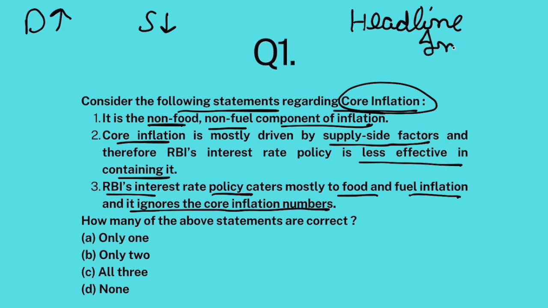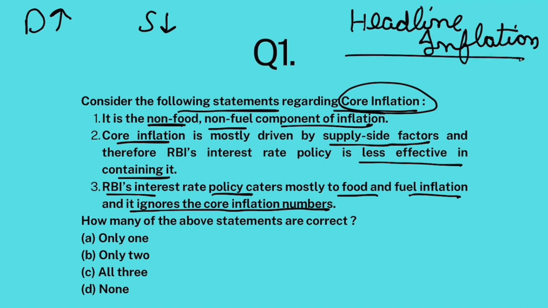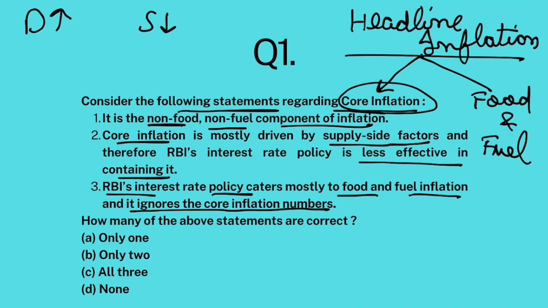Now, this headline inflation is divided into two parts. Core inflation. The other is food and fuel inflation. So what is basically core inflation? Core inflation is non-food, non-fuel component of inflation. So this is correct.